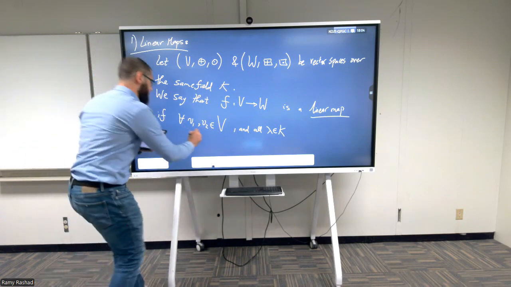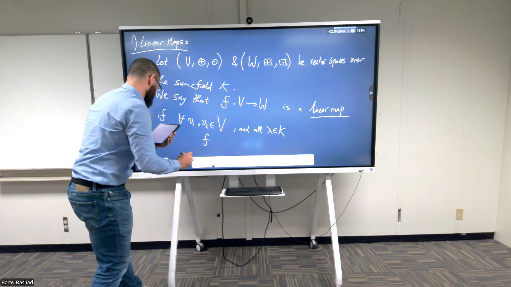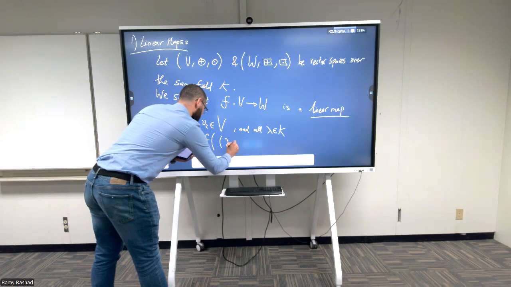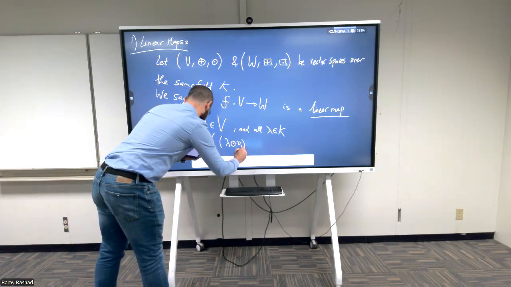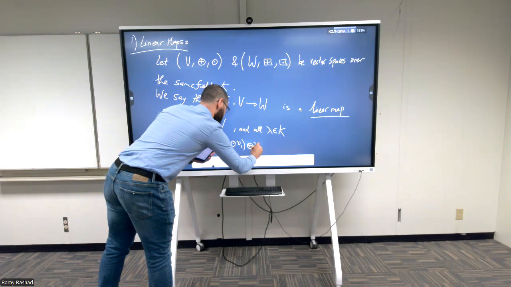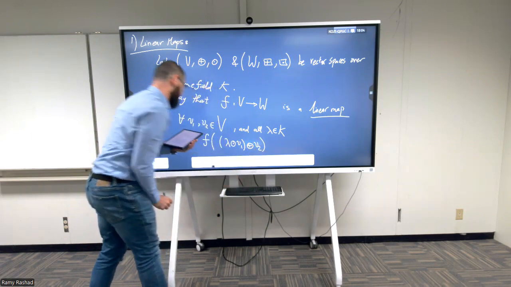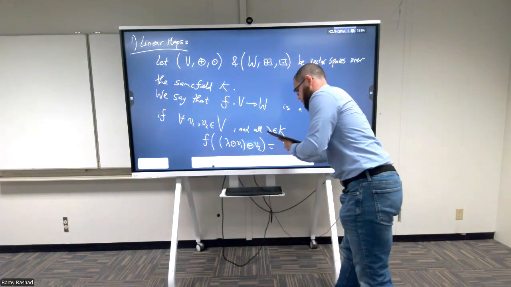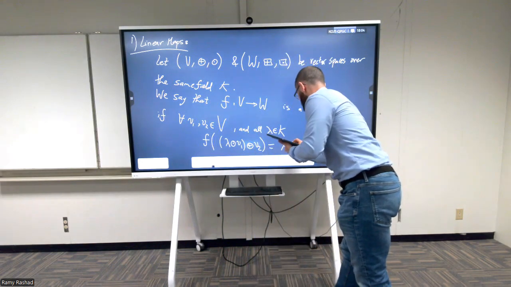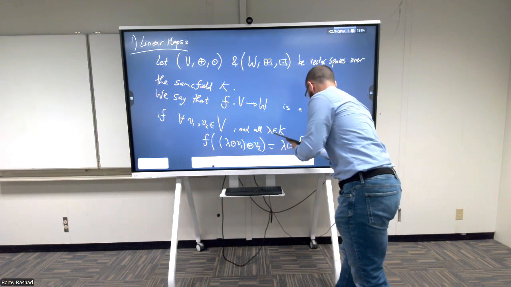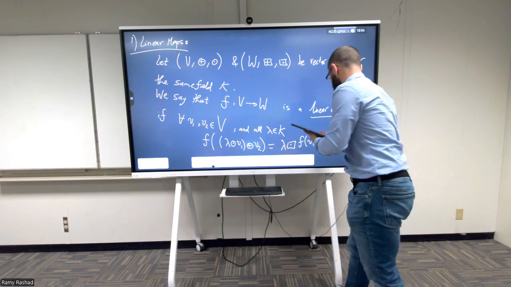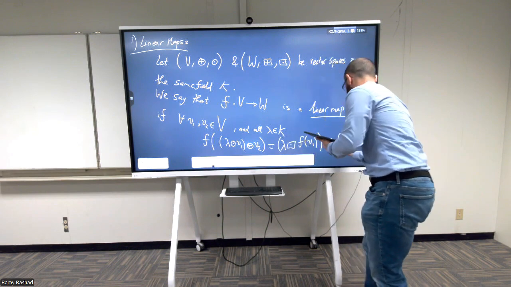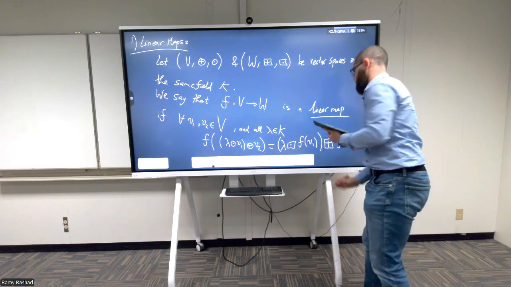We have that F of lambda multiplied by V1 plus V2 is equal to lambda multiplied by F of V1 plus F of V2.